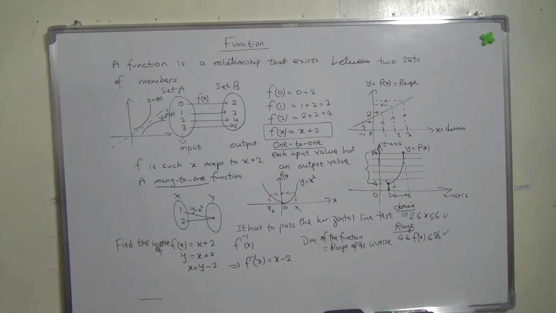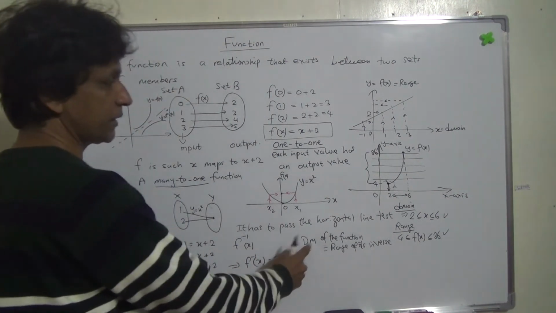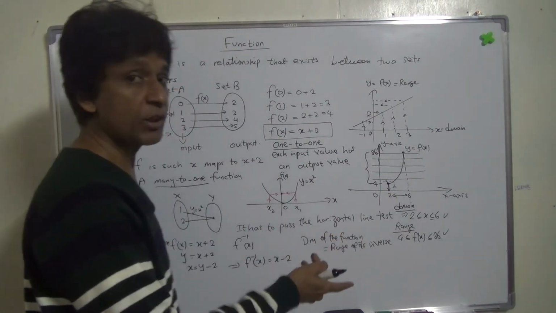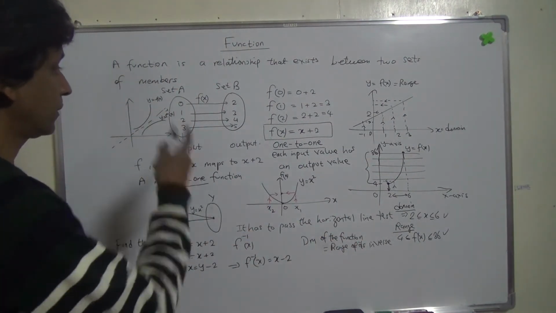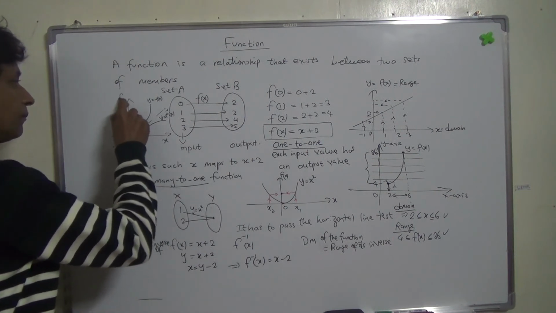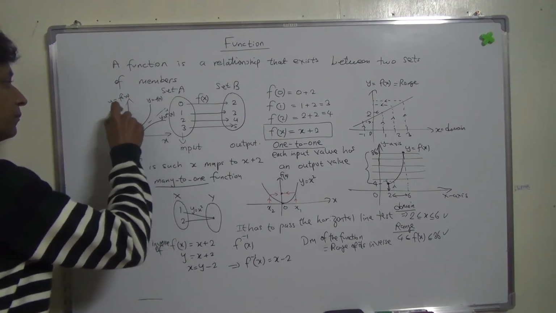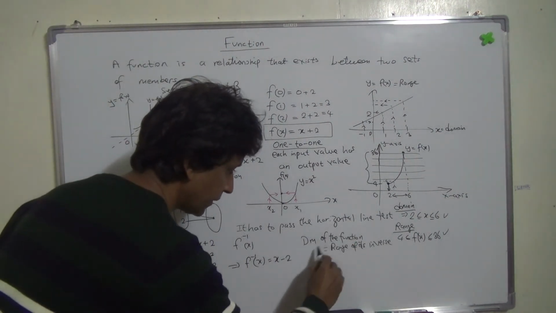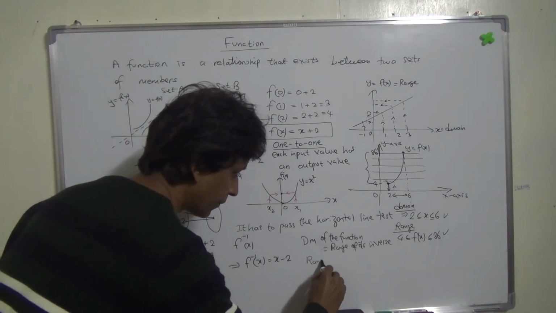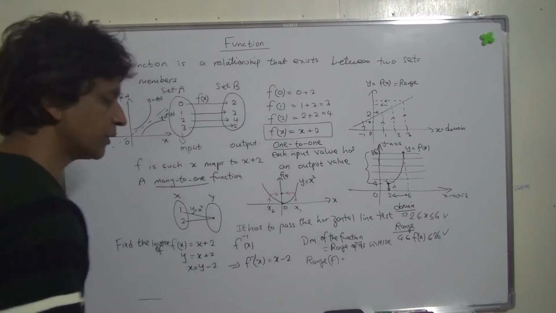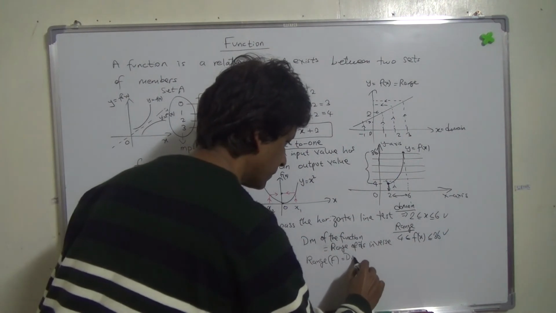So what we mean by this is that the domain, which is the values on the x-axis, for the function becomes the range for the inverse on the y-axis. And similarly, the range of the function is equal to the domain of its inverse.